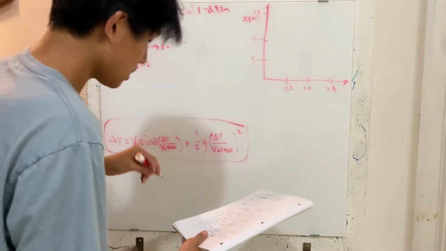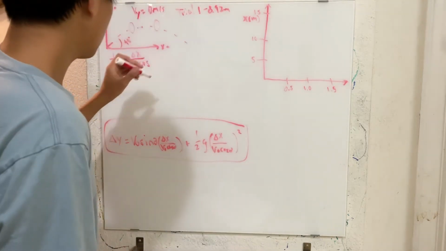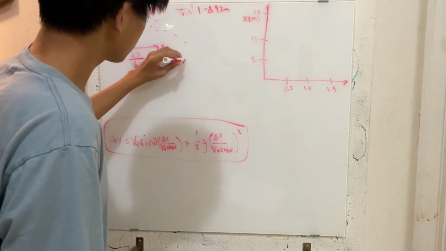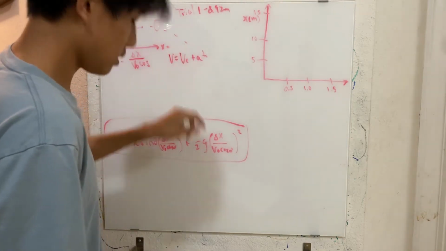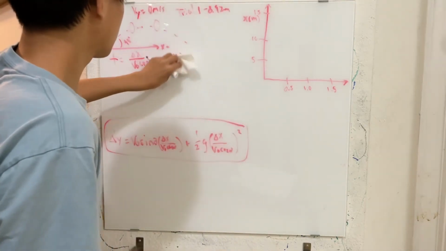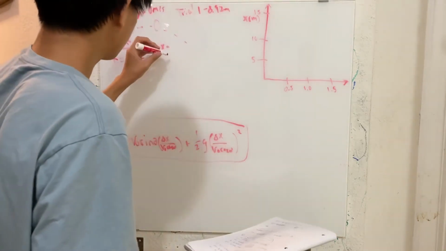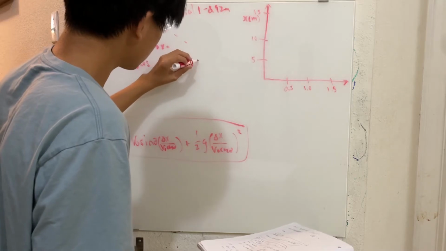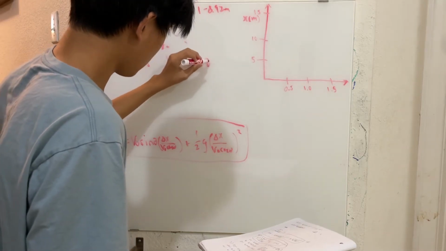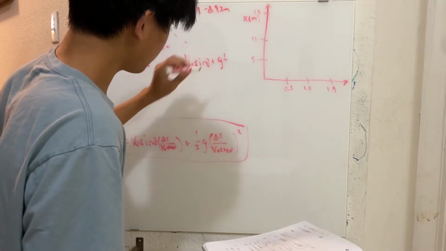We're going to plug in this t to a different equation later. And we're going to use another kinematic equation, which is usually v equals v naught plus at. However, we're going to modify it so that it says Vy equals v naught sine theta plus gt.